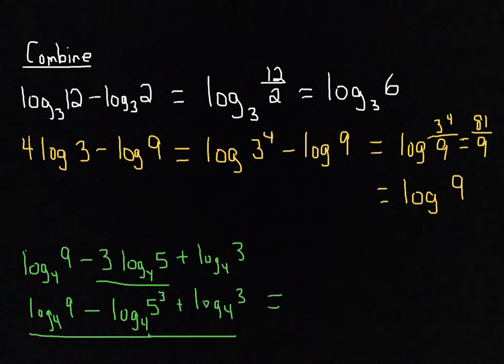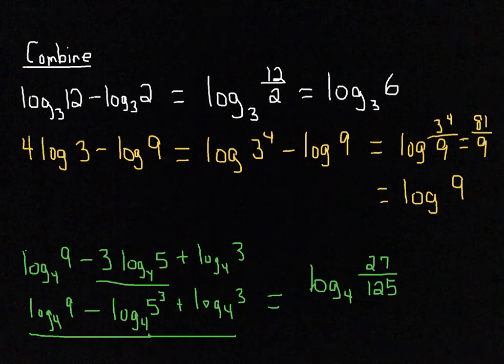So we will have the log, it's in base 4, and we have 9, but it's going to be 9 times this log of 3 in base 4, so that is 27 over 5 to the third. Well, 5 to the third is 125. 5 times 5 times 5. All right, so this one right here, we have log of 27 over 125 in base 4. This is combined to a single logarithm.